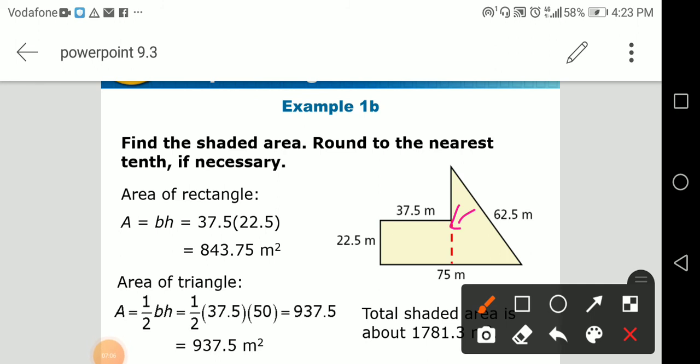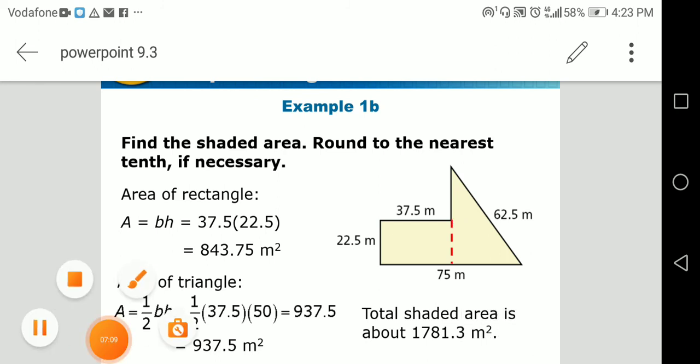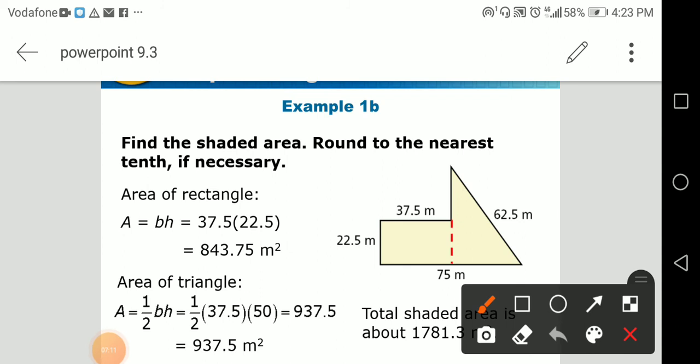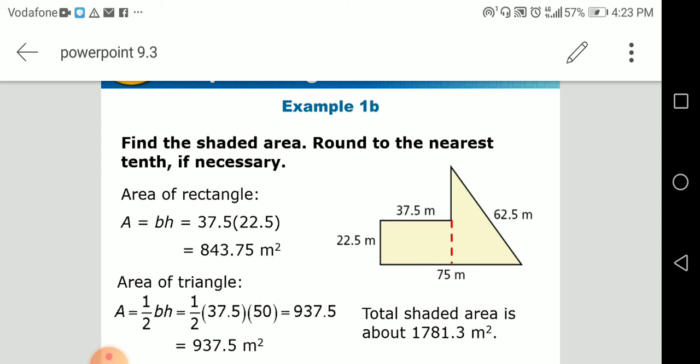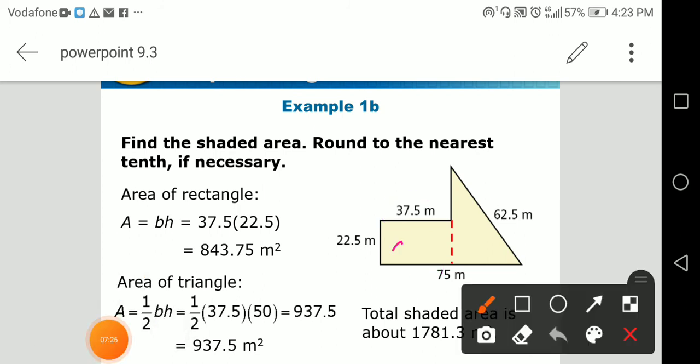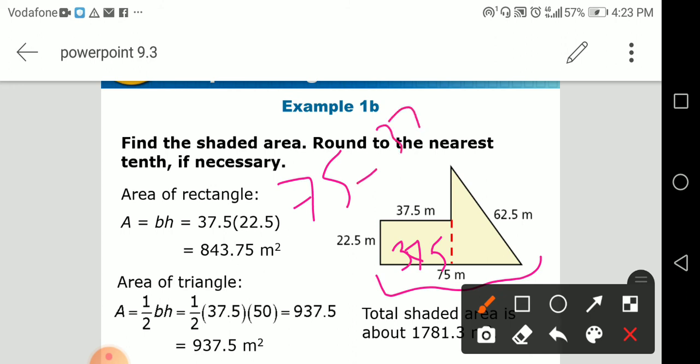I don't know the height, but I do know that we have 37.5, because the two opposite sides in the rectangle are equal. 37.5 here, and this is 37.5, and the total is 75. So 75 minus 37.5 gives you 37.5. And I don't know this one. How can I get this one?